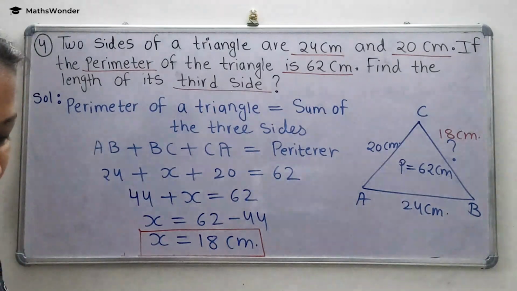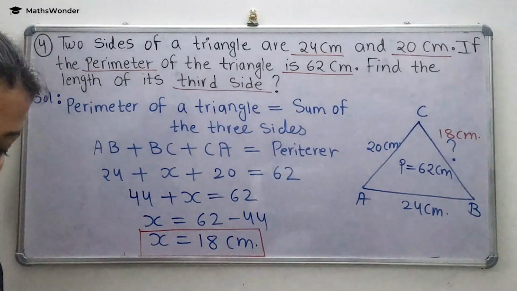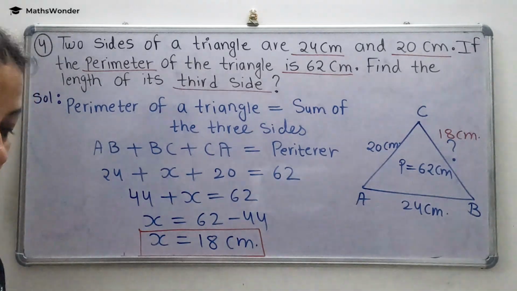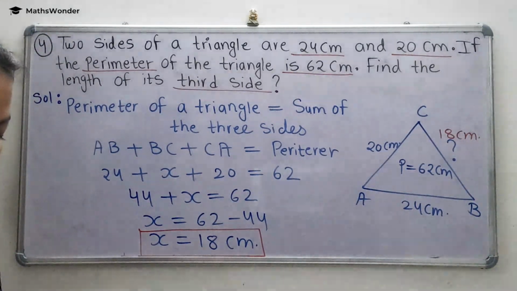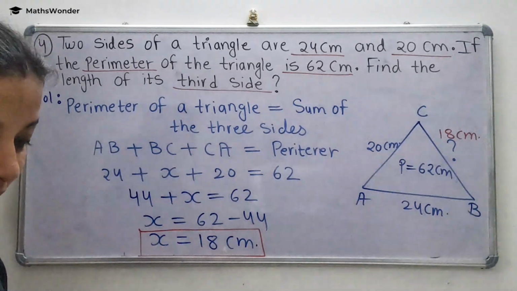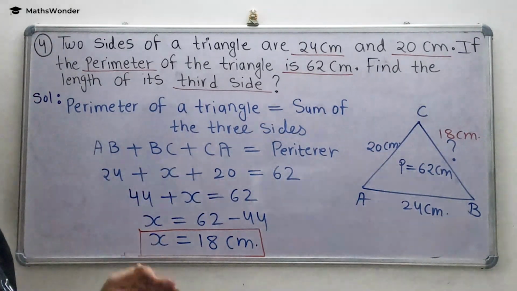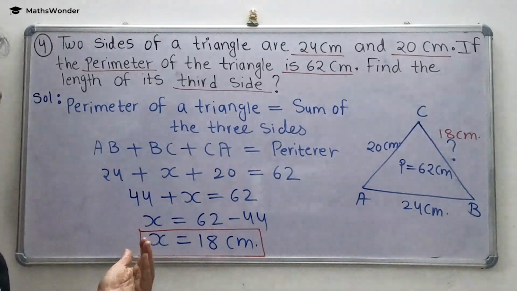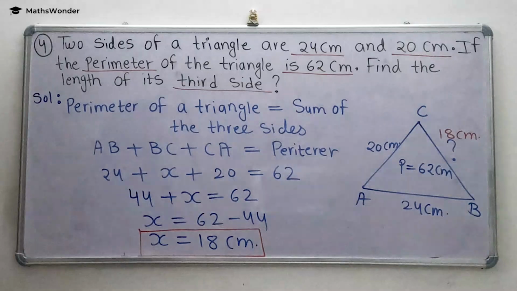The third type of question we have learned, there we have only the cost given: total cost and per cost. You don't have any length or breadth, or maybe the sides are not given. Then you will find the perimeter with the help of costing. So the formula is total cost over per meter cost, or per centimeter cost.